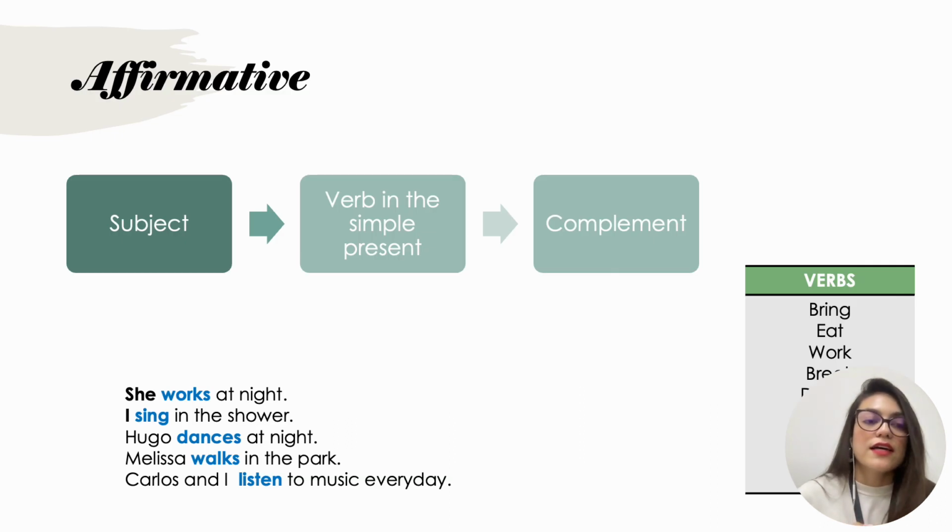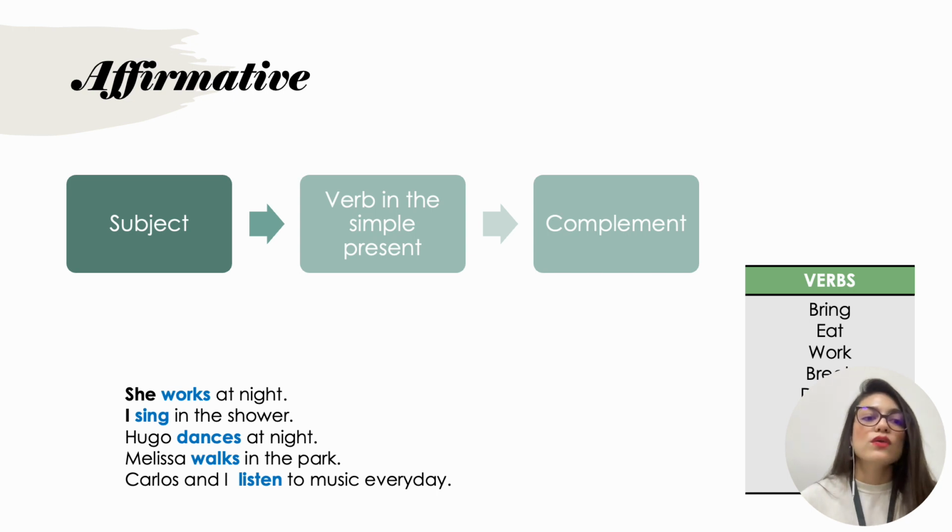So here, the formula to create sentences in the affirmative form is first we're going to write our subject, then the verb in the simple present, and finally our complement. For example, she works at night. So here we are adding an S at the end of the verb because we're using she. I sing in the shower. Hugo dances at night.